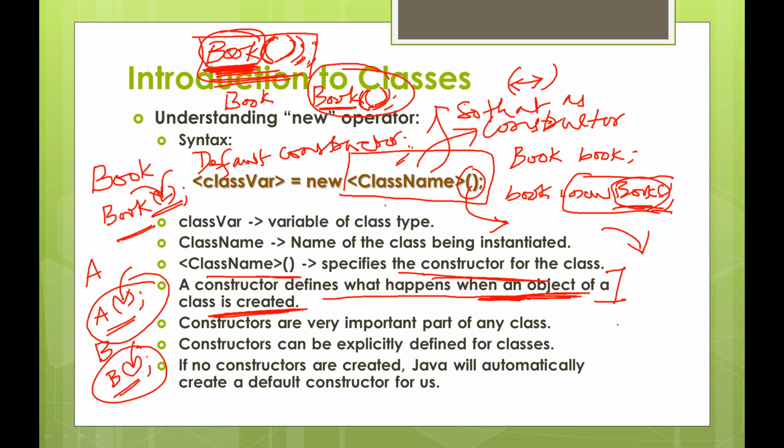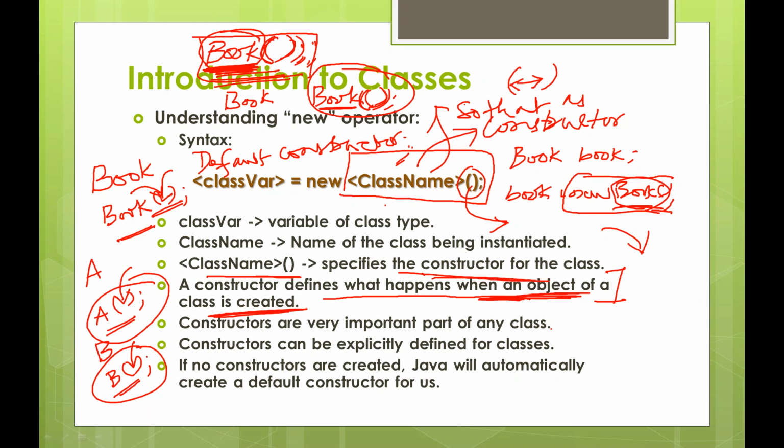So constructors define how an object should look, or how an object should be constructed. While the object is being constructed, you can pass parameters to create the object as per your requirements.